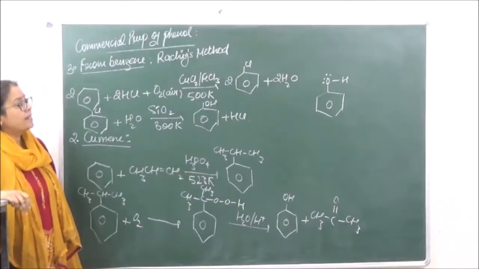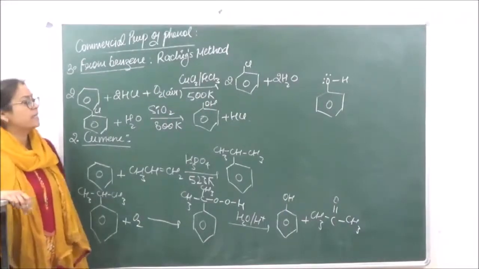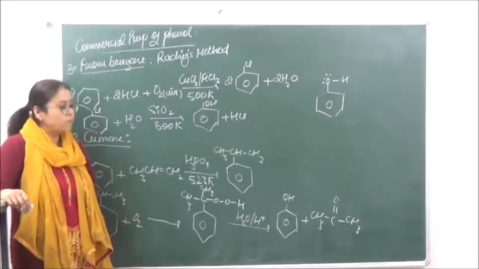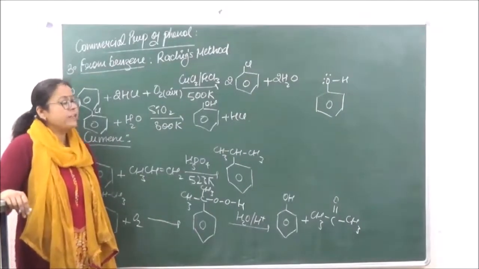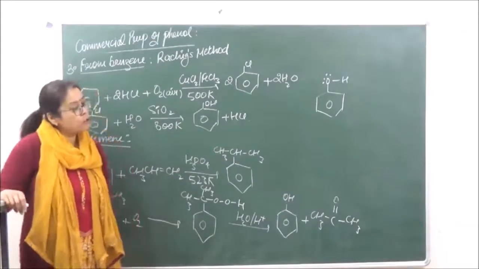Because of the polarity, phenol is soluble in water. It's quite miscible in water because it has a tendency to form hydrogen bonds with water, and it also has a higher boiling point. The higher boiling point is also because of the fact that it has a tendency to form hydrogen bonds.